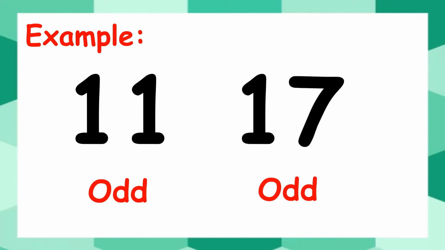Okay, so numbers 1, 3, 5, 7, 9, 11, 13, 15, 17, 21. Those are examples of odd numbers.